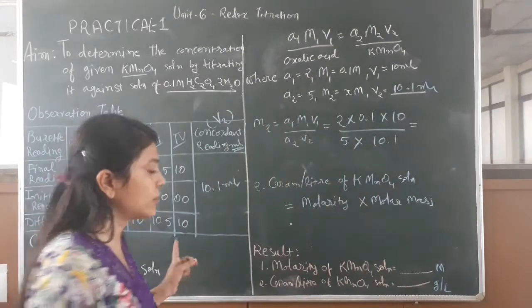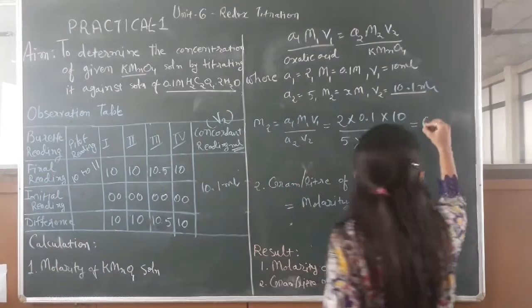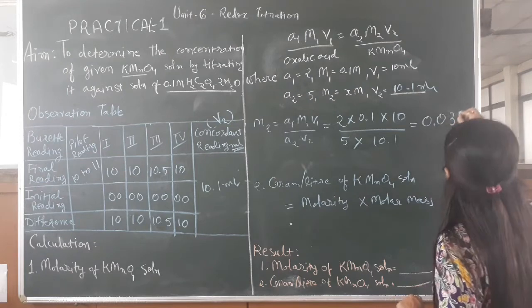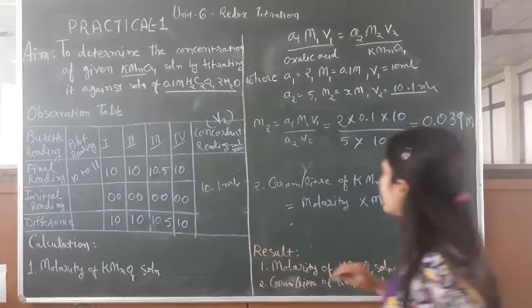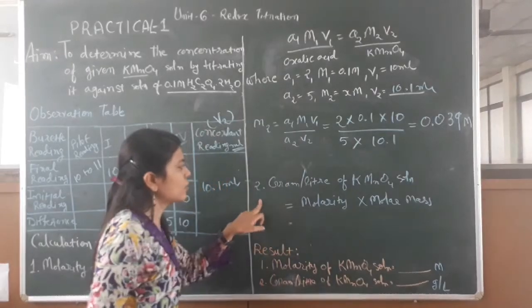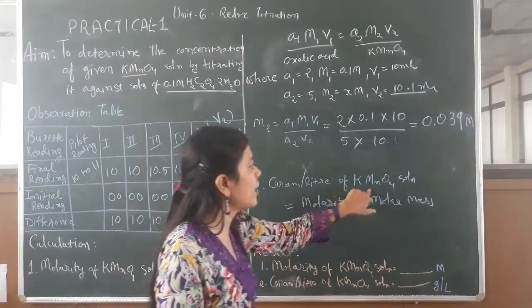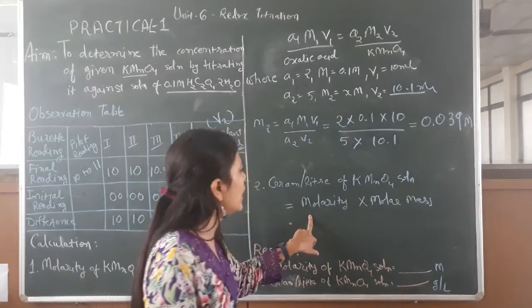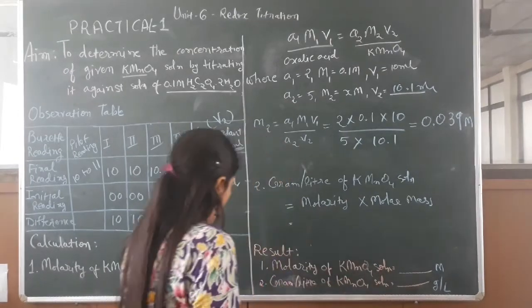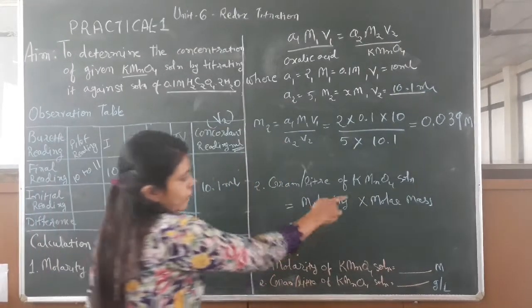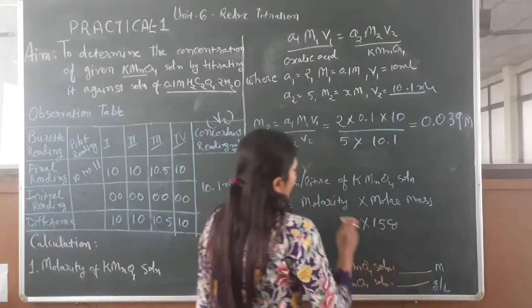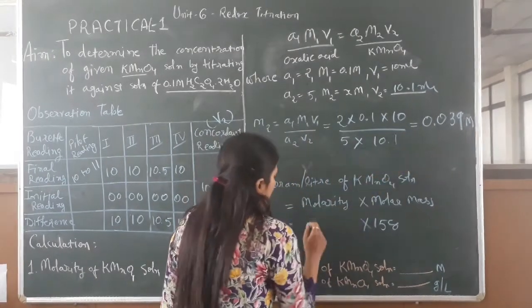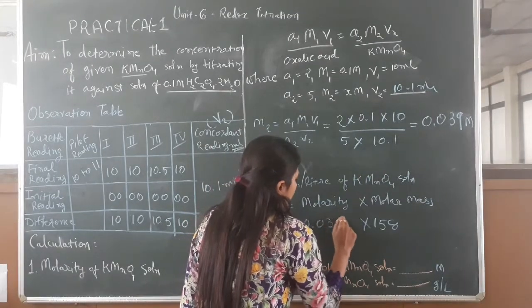After calculation, our answer is 0.039 molar. Then the molar mass of KMnO4 is 158, and the molarity is 0.039.